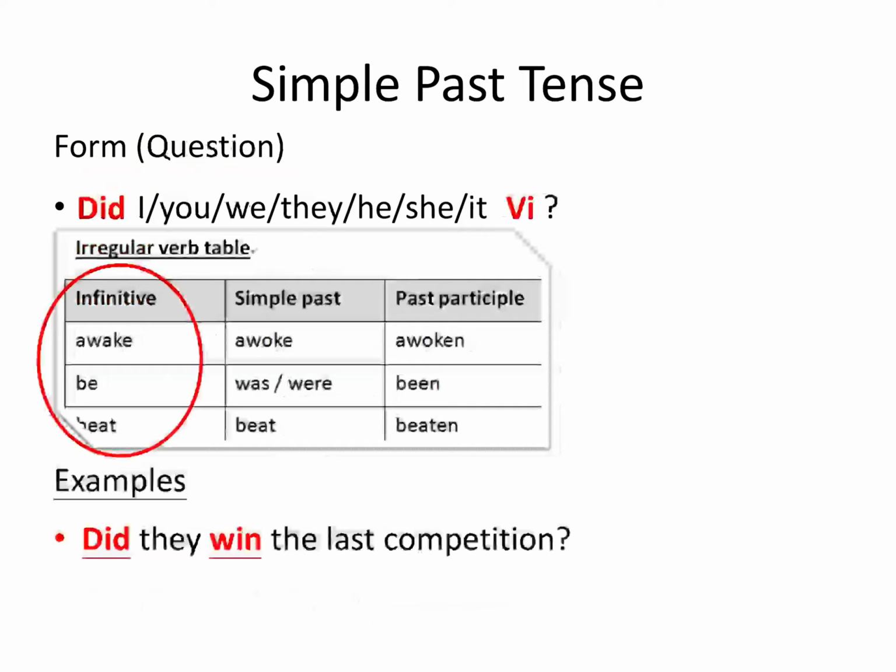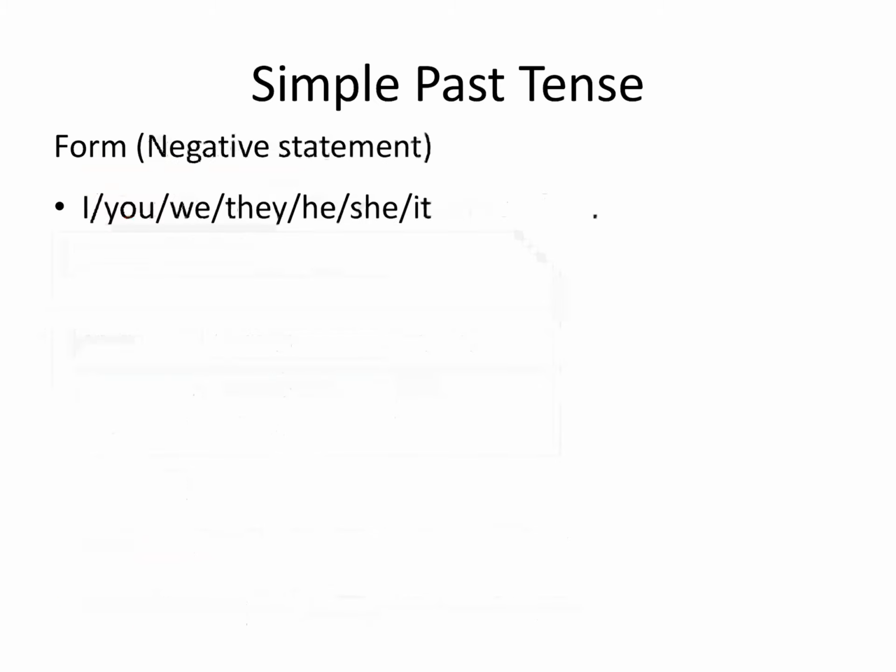Example: did they win the last competition? We start with did to show that the question is in simple past, and then the subject they. After that, the verb infinitive win to show the action. Remember, we must not add any ed after the verb infinitive.